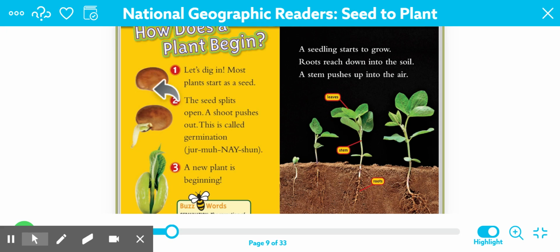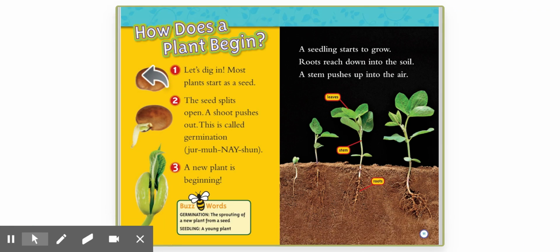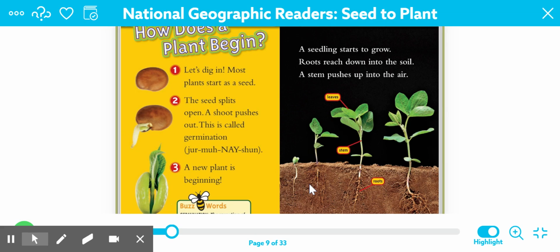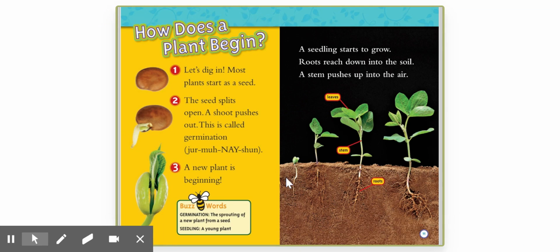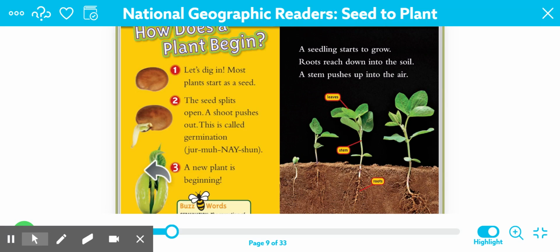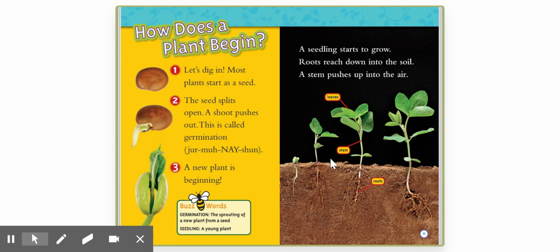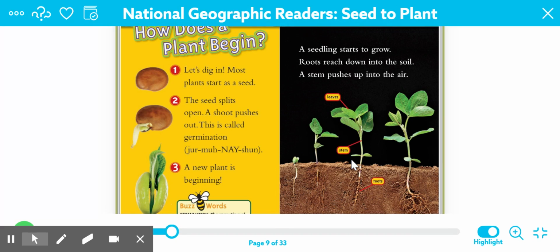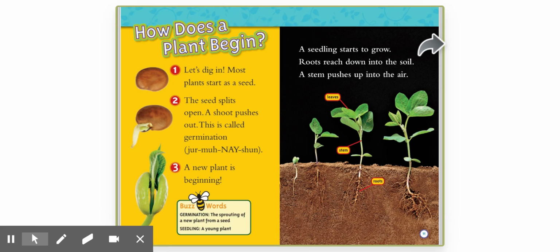We remember that we started with a sunflower seed, and then over a couple of days, we had some friends mark out the little sprouts, and then we started to see some stems and leaves pop up. Let's read on. A seedling starts to grow. Roots reach down into the soil. A stem pushes up into the air.